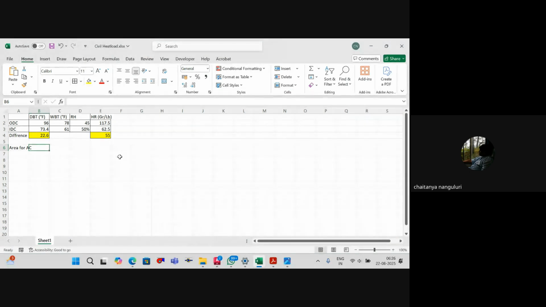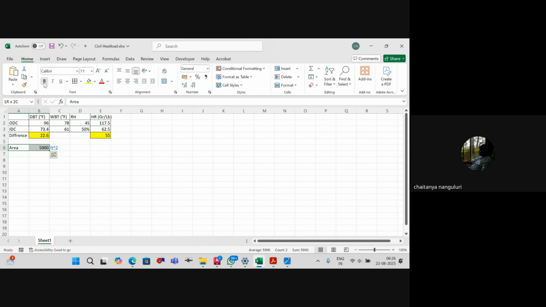Shall I roughly make it 5,900 SFT? Yes. 5,900 feet square. So this is the total area that I've got, the area for air conditioning.